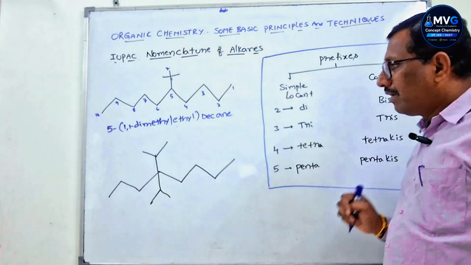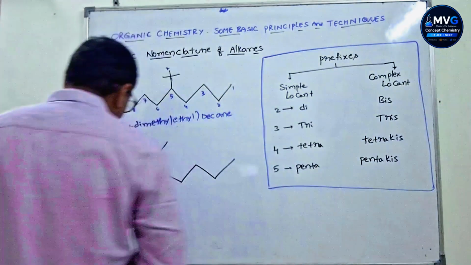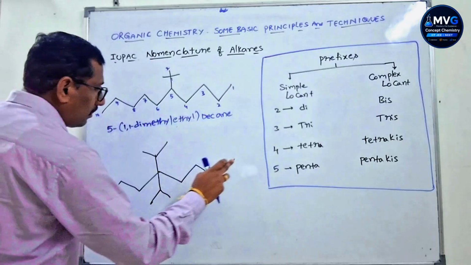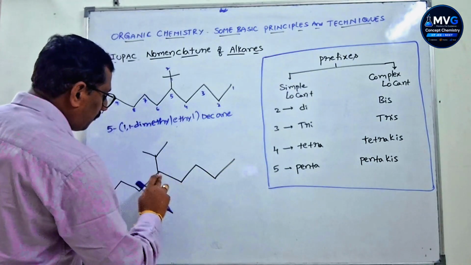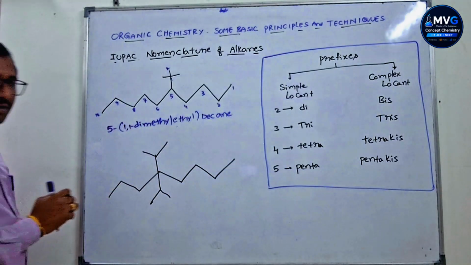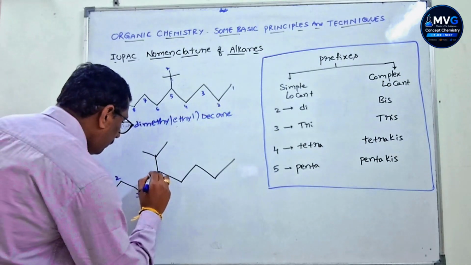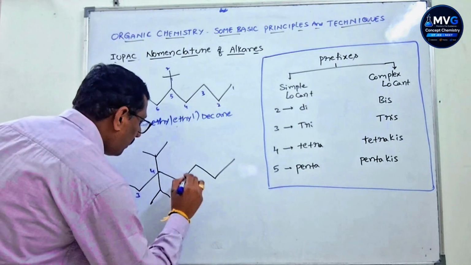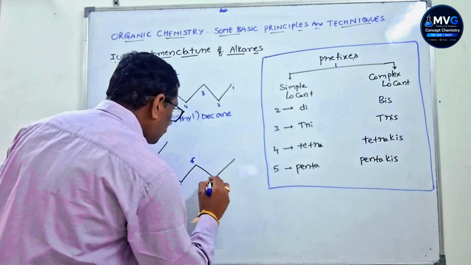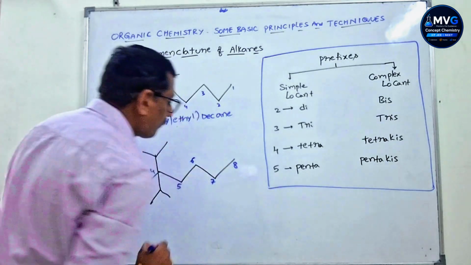Important point, this one. Now the nomenclature of this compound, students. 1, 2, 3, 4. In this direction 1, 2, 3, 4, 5, fifth position. So we can give numbering in this direction, students. This is 1 to 8.